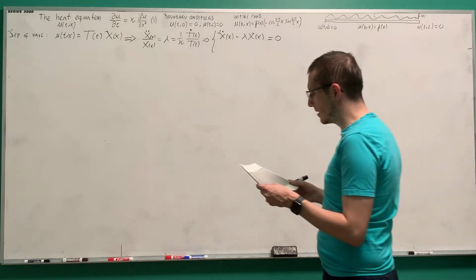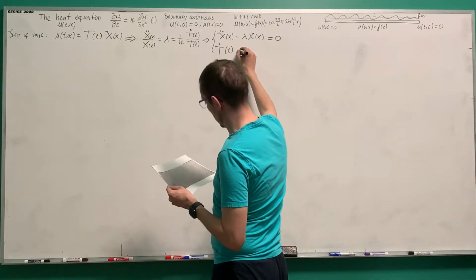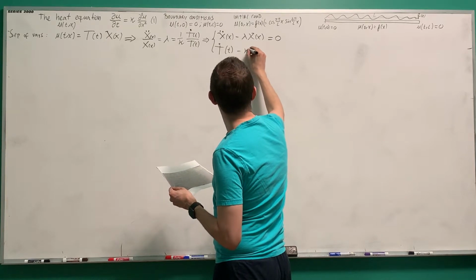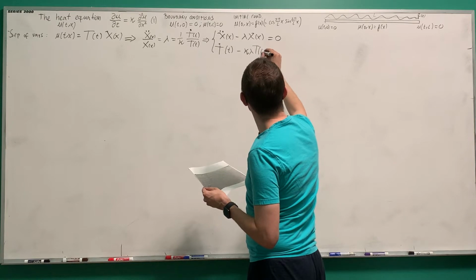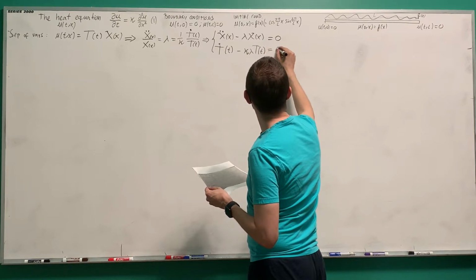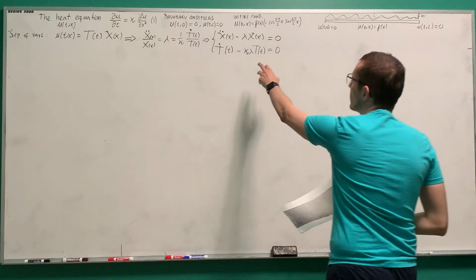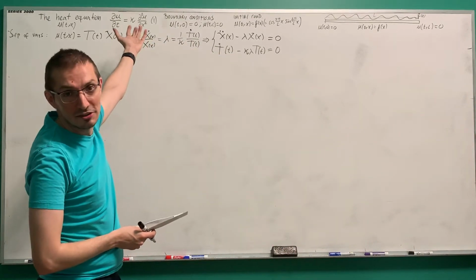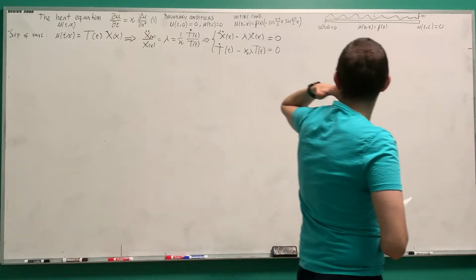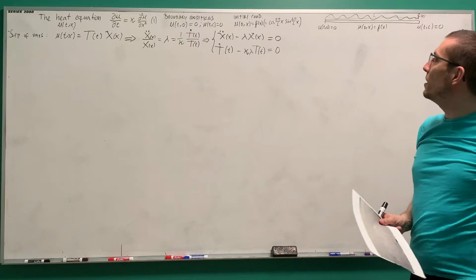And on the other hand, we get that T dot of t minus kappa lambda T of t equals 0. Now, this kappa is a constant, is the conductivity actually of the material, the thermal conductivity of the material. All right, so these are 2 equations, and these 2 equations, we know how to solve.